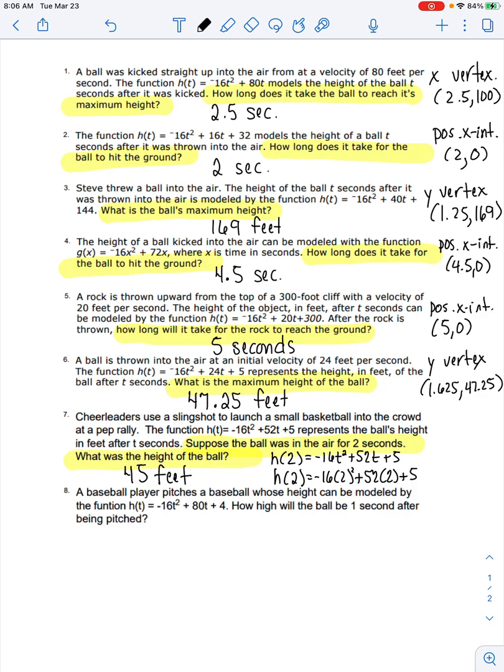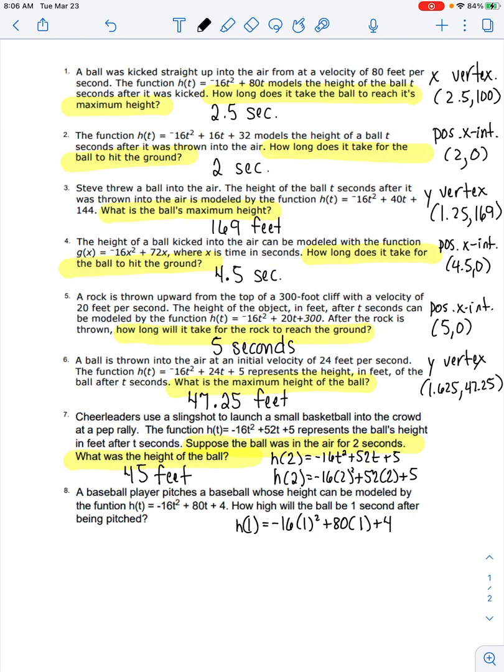And now let's look at 8. A baseball player pitches a baseball whose height can be modeled by this. How high will the ball be after 1 second? Okay, so this is very similar. We want to find h of 1. So negative 16 times 1 squared plus 80 times 1 plus 4.